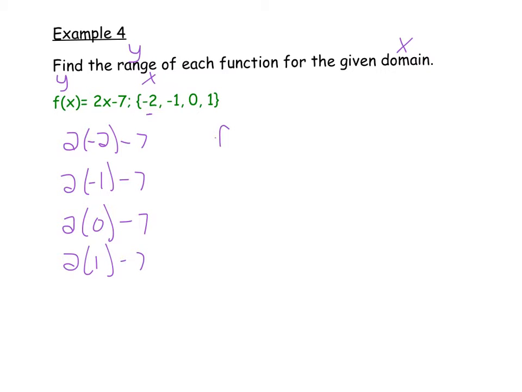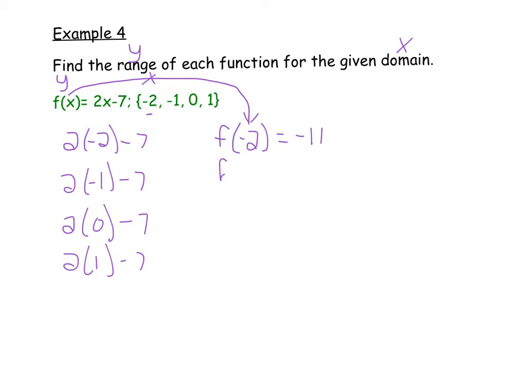And this is function notation, so when my x was -2, instead of the x, I'm putting my -2. When x was -2, y was -4 minus 7, which was -11.